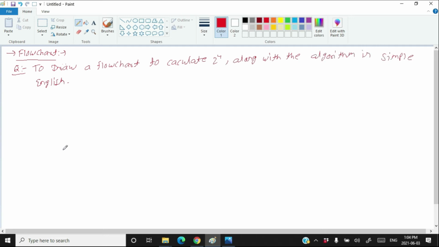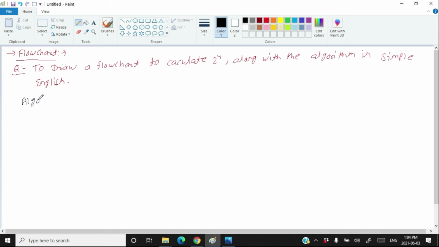Let's first do it in a childish way. Childish way because this solution which I am just going to write is not a good way to solve this problem. Why I am saying it is a childish way, I will explain later. But let's solve it in a childish way.